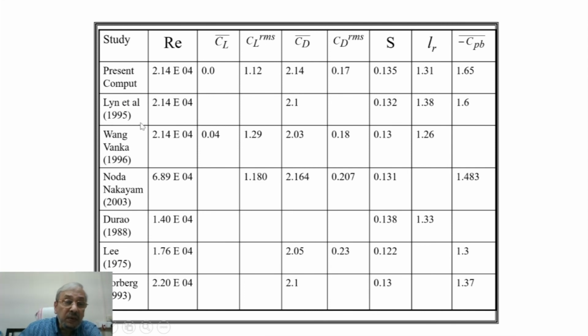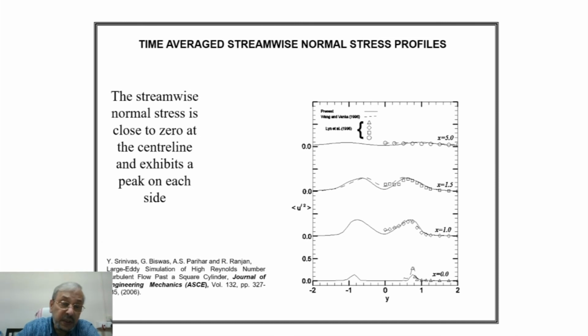This is Lin and Rodi, this is Wang and Vanka, this is Nada and Nakayama, Durao in Portugal, Norberg in Sweden. We compared all these quantities. We do not have time to go into detail of this comparison, but the results of this comparison were very satisfactory.